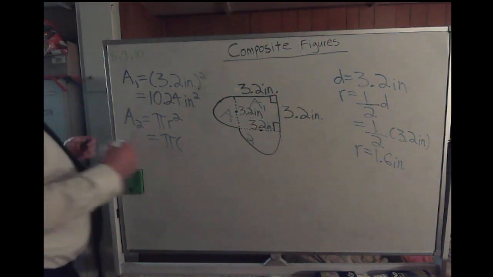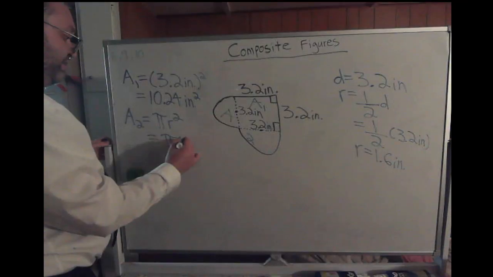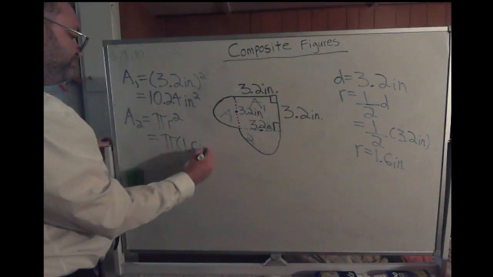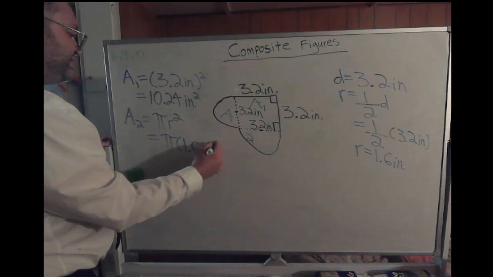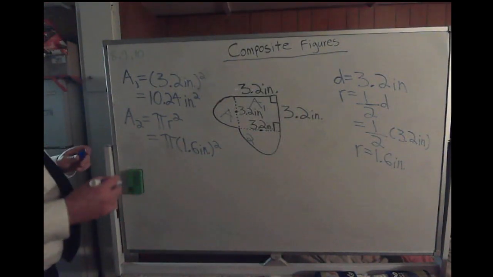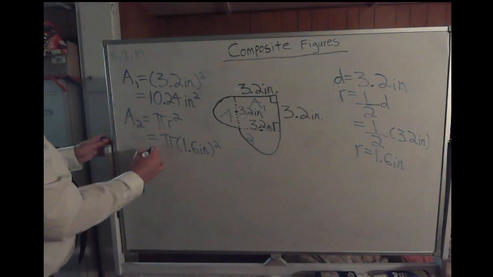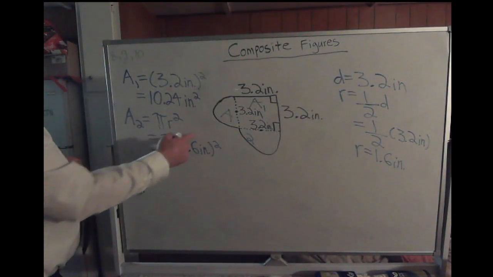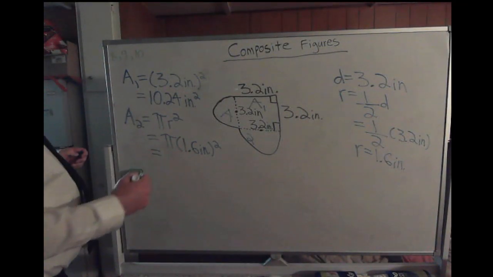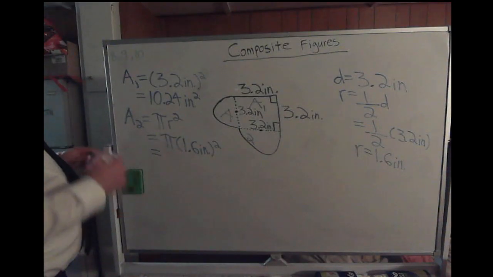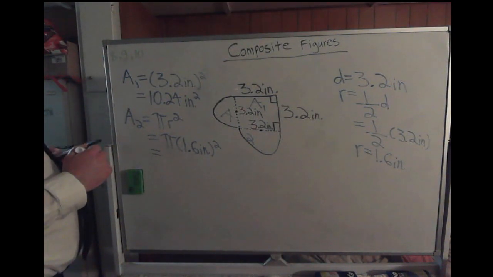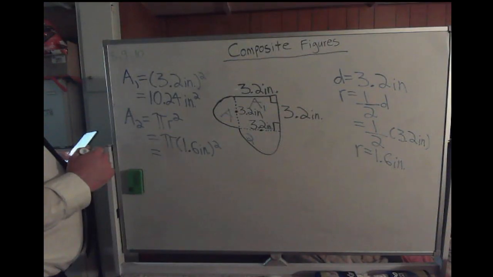So what we got to do is take pi times that radius of 1.6 inches, raise that to the second power. First things first, we got to do the exponent, so we'll take 1.6 to the second power, which I'm pretty sure is 2.56.